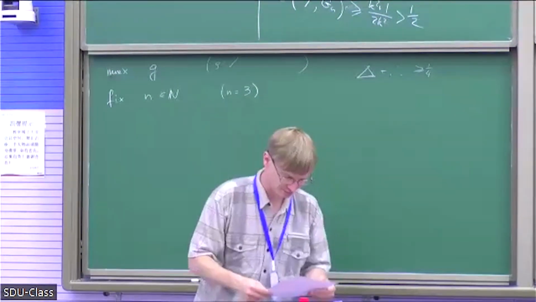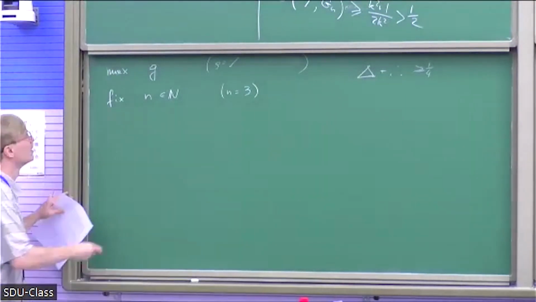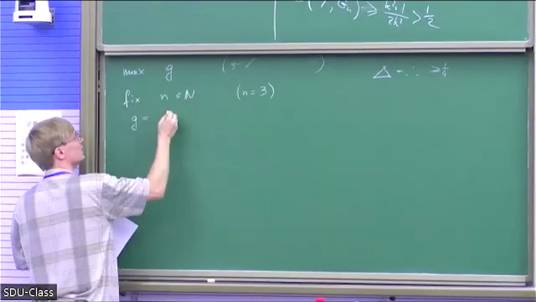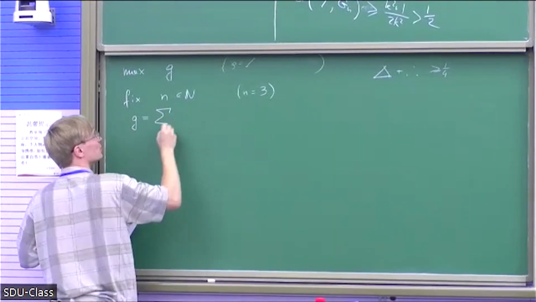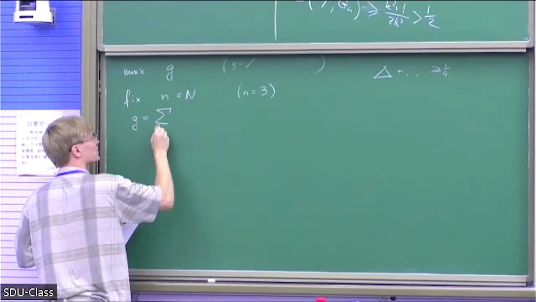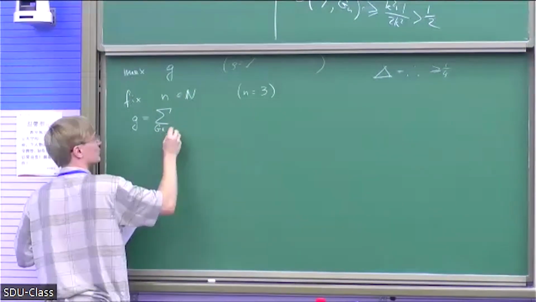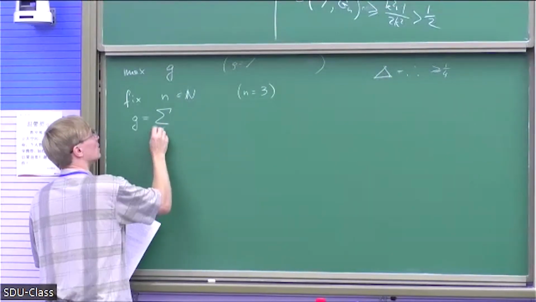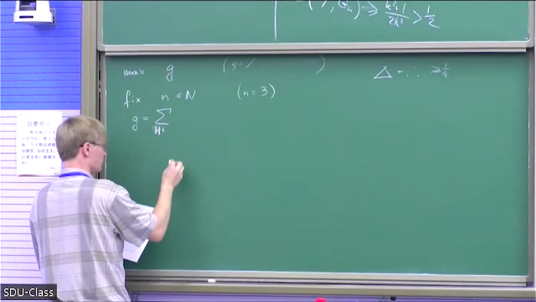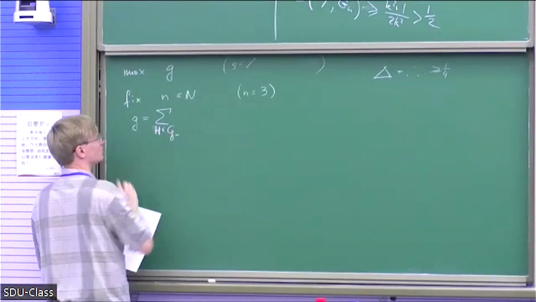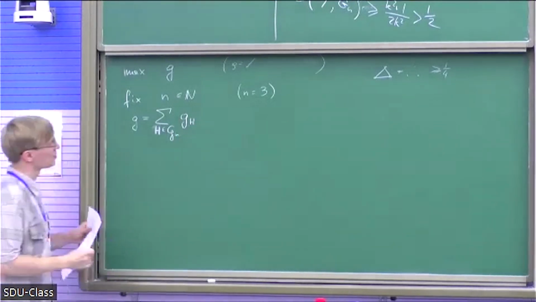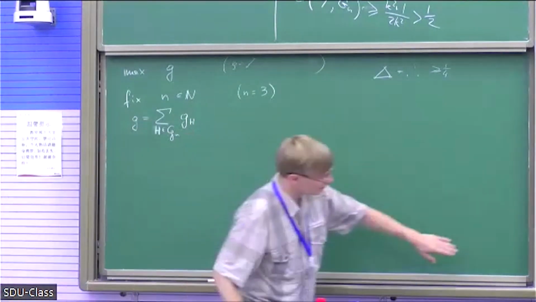Then I express this function g as a sum over all graphs on n vertices, with some densities g_H. So this is done here.